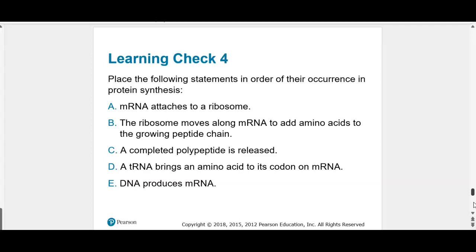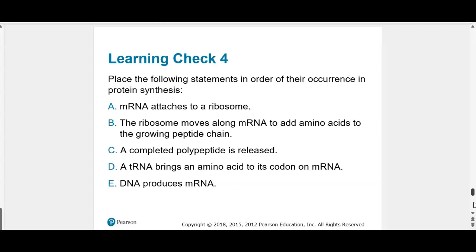And then the messenger RNA is going to leave the nucleus, though they don't say anything on this list about that. So the next step that we see here for sure is that the messenger RNA attaches to a ribosome. Once the ribosome is attached, you're going to have a transfer RNA.